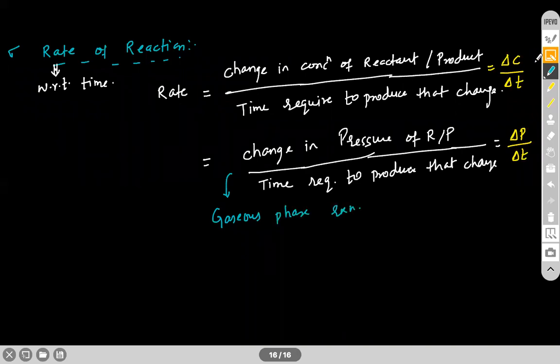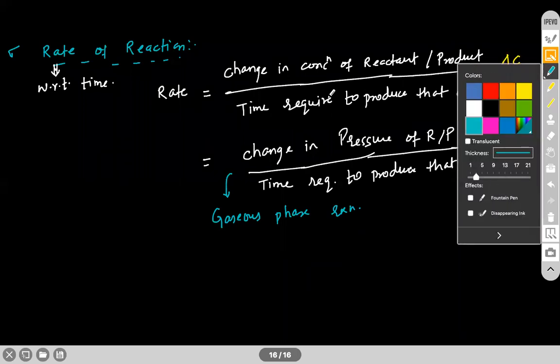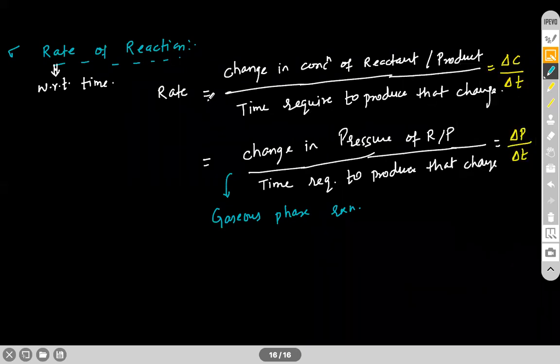You don't have to memorize this. You will understand once you see the question. Okay. This one we use when the reaction is in aqueous phase. So aqueous phase will talk about concentration, gaseous phase will talk about pressure.